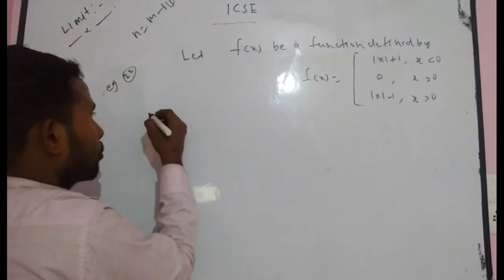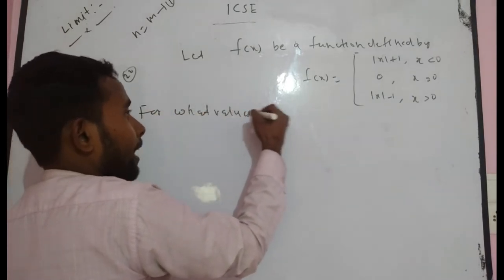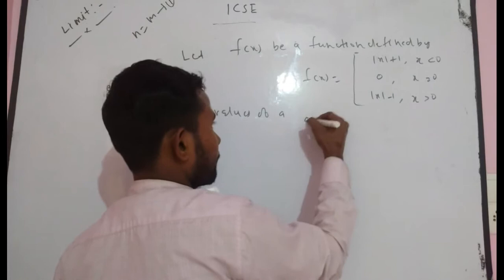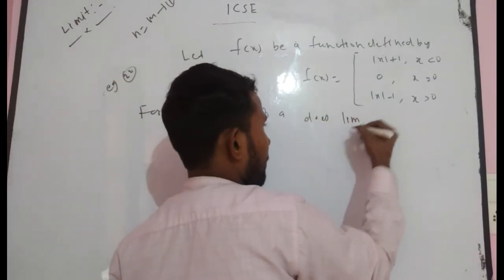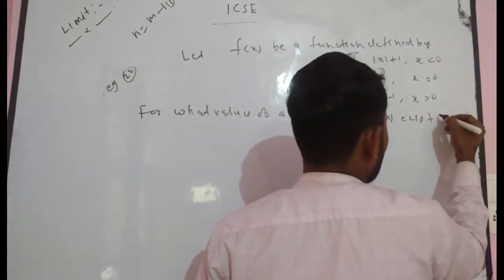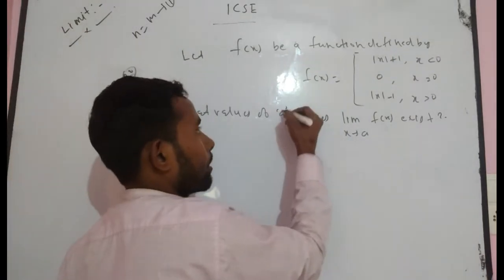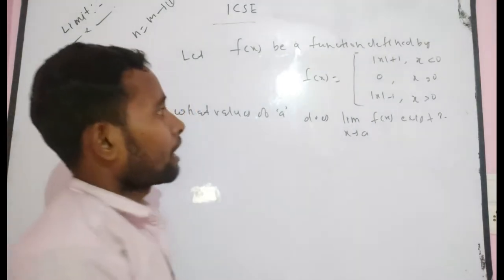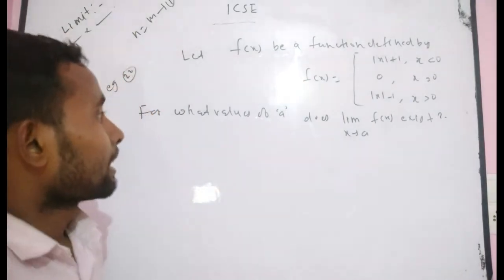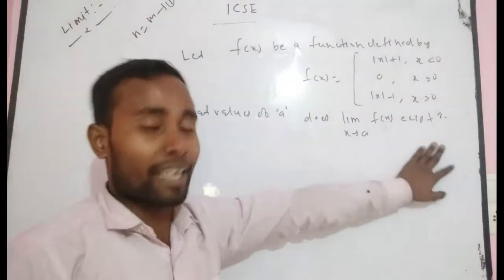In this question, they ask you for what values of a does the limit as x tends to a of f(x) exist.